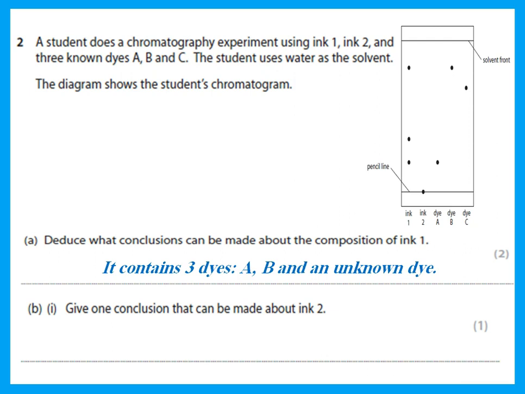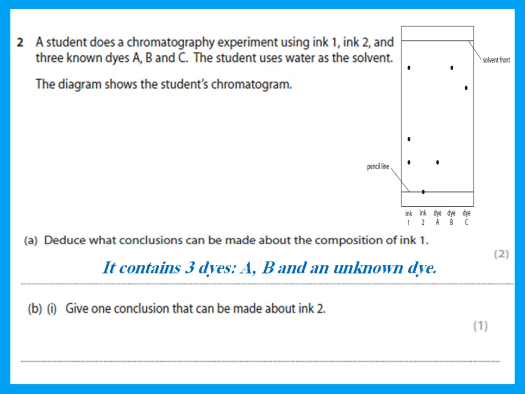So, from the chromatogram, you can tell that ink 1 gave 3 spots. That means it contains 3 dyes. Now, what are the 3 dyes? You have a spot the same height as A, you have another spot the same height as B, and you have the third spot. It is not the same height as A, B, or C. So it has A and B and an unknown dye.